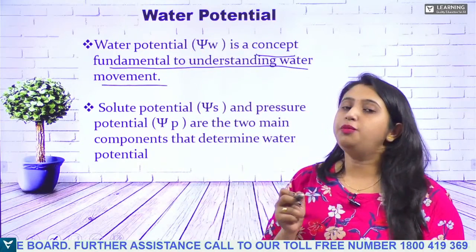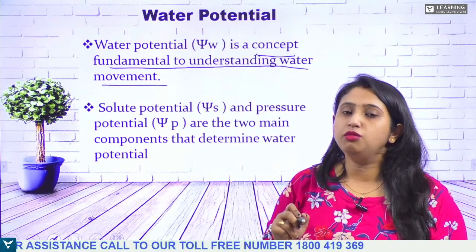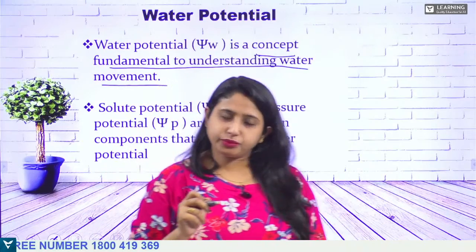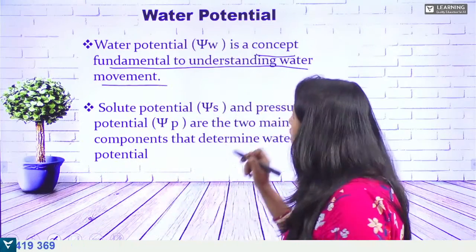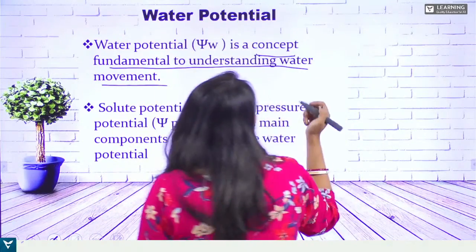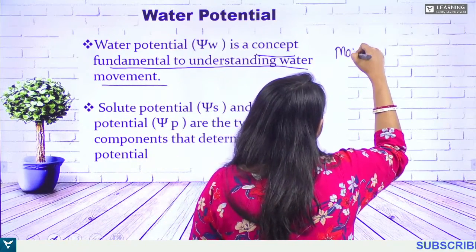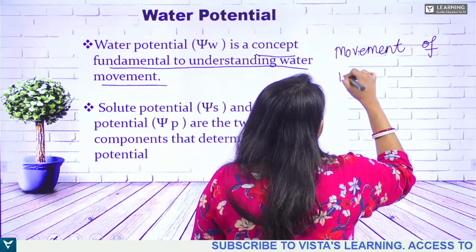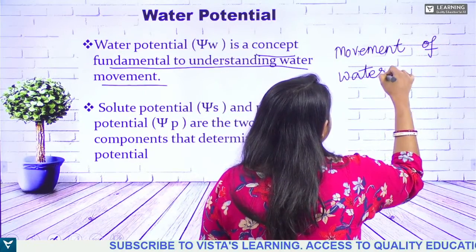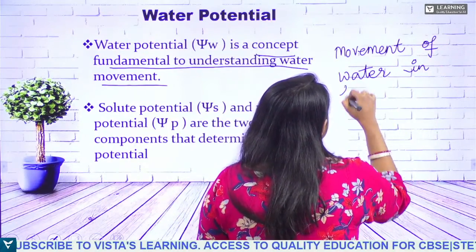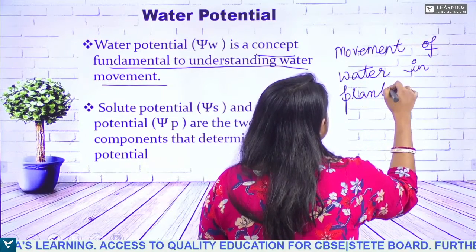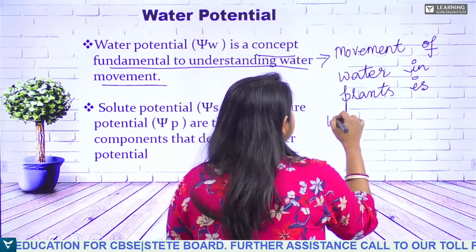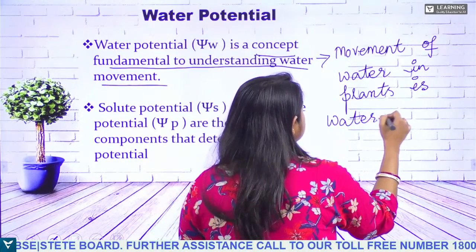So water potential is nothing but the movement of water in plants.